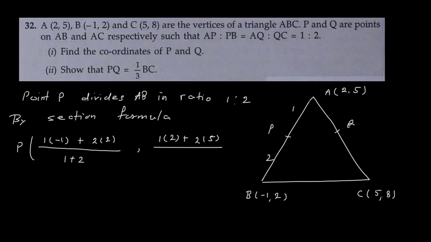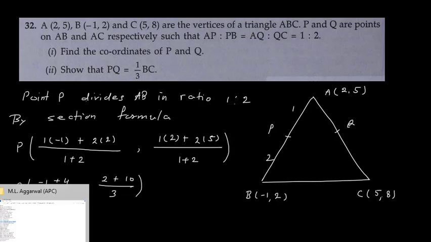So this gives the value of P as minus 1 plus 4, the whole divided by 3, comma, 2 plus 10, the whole divided by 3. So P is 4 minus 1 is 3, 3 upon 3 is 1, comma, 10 plus 2 is 12, 12 divided by 3 is 4. P will be 1 comma 4.